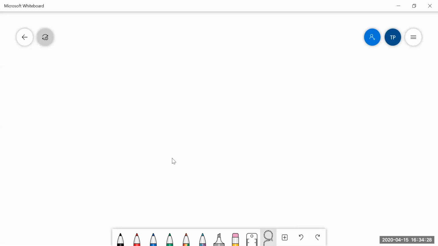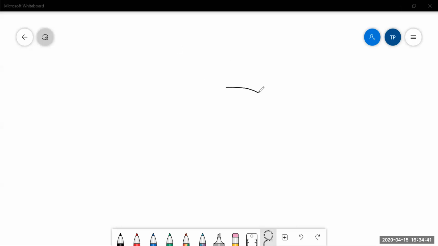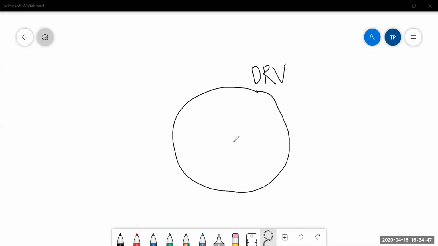DRV can be together with binomial. You need to understand this thing. This big circle is DRV. This small circle here is binomial.